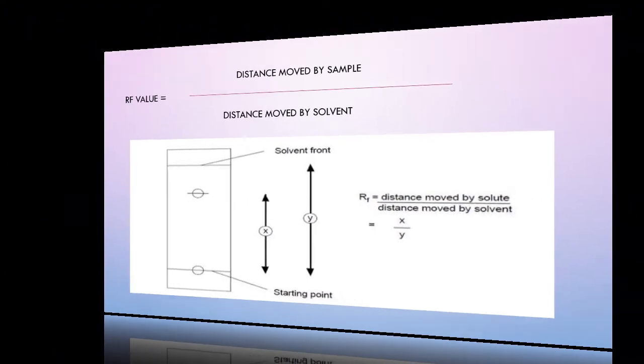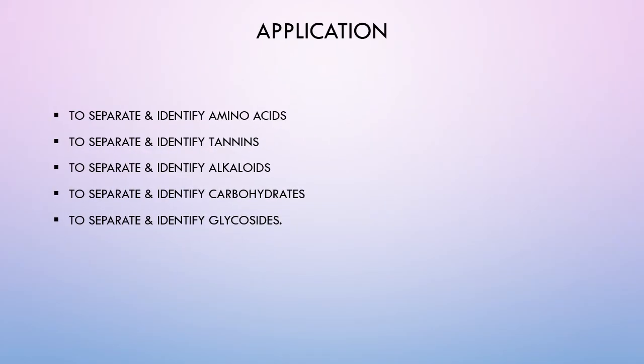Then the many applications of partition chromatography. Partition chromatography is used as a qualitative method for identifying the components in a mixture, so it is used for separation of the components of a mixture. It is also used in forensic study, and paper chromatography is used in crime scene investigation and DNA and RNA sequencing along with other studies.